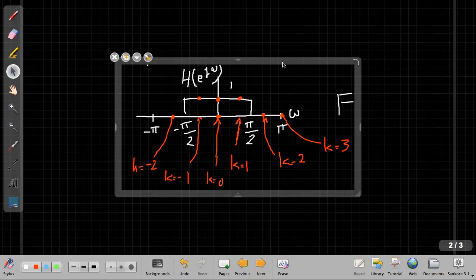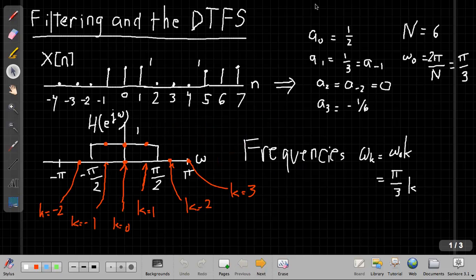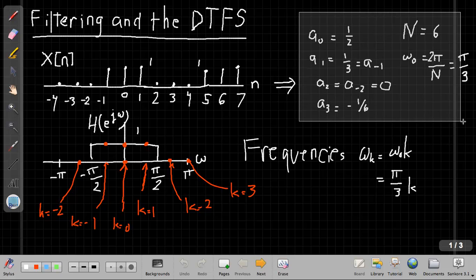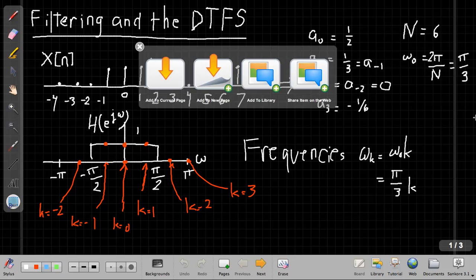So we have the filter, and we're also going to bring back the a sub k's. Let's take this block up here and bring it with us.